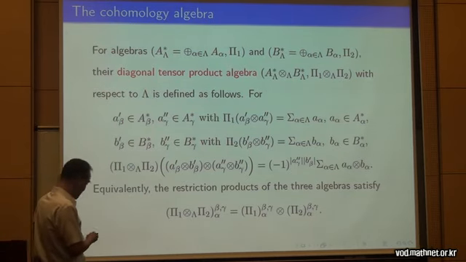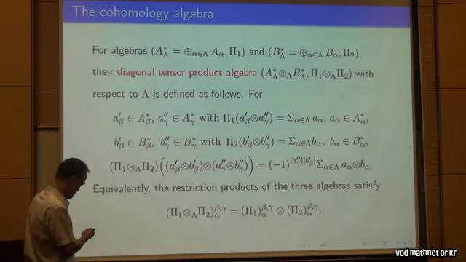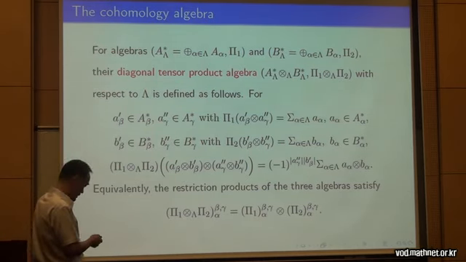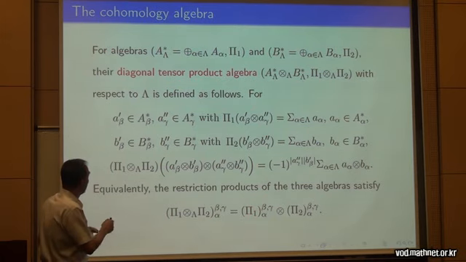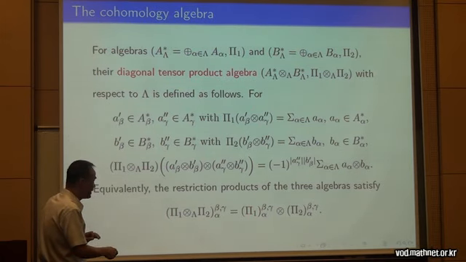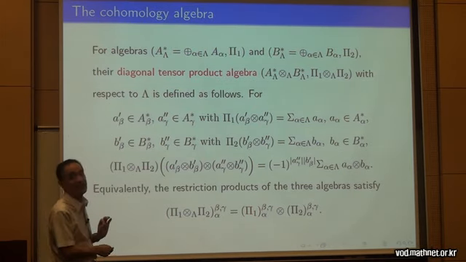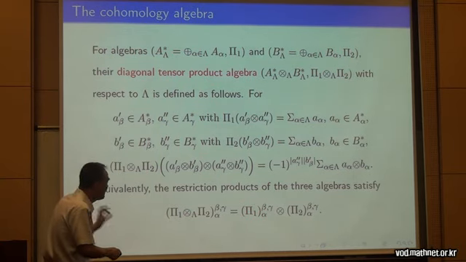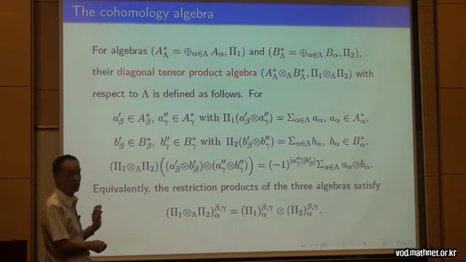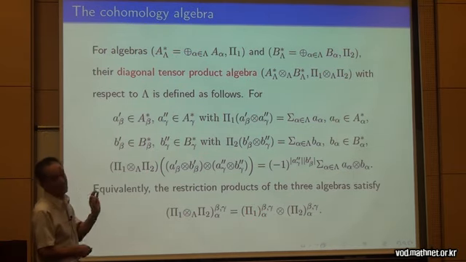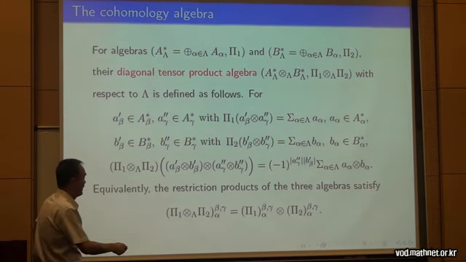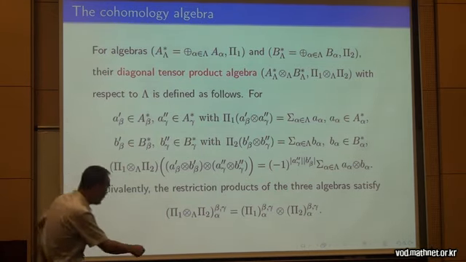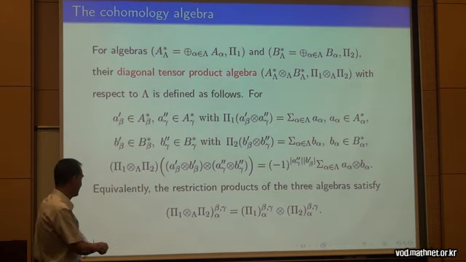It's easy. Another thing is that for a given algebra, many of its restriction products are 0. The more zero restriction products there are, the simpler the algebra is. The diagonal tensor should be the simplest, because if any one of the two is 0, the total is 0.